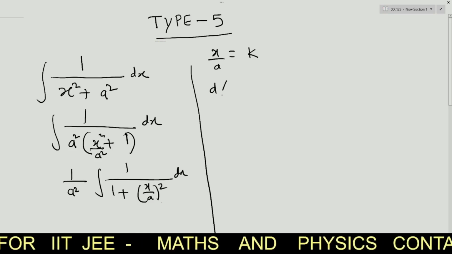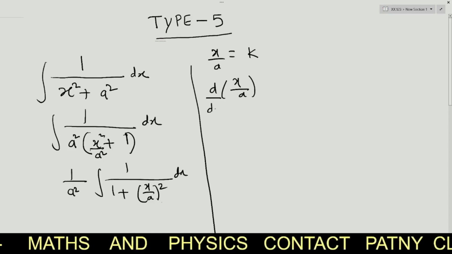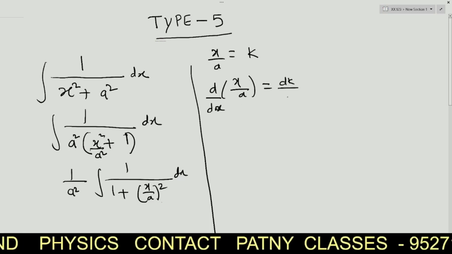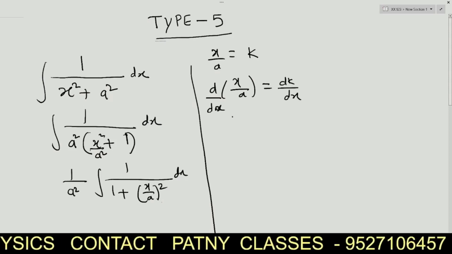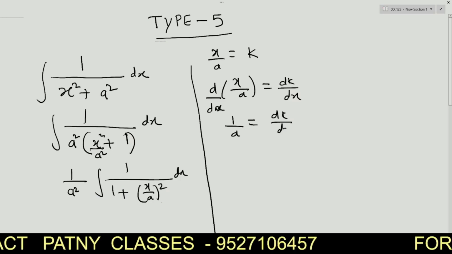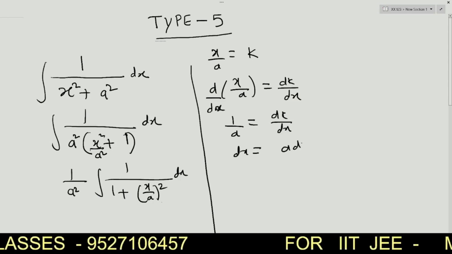As we already learned from type 1 to type 4, whenever it is not in the standard form, we convert it to the standard form. So we differentiate both sides, and now dx equals a dk.